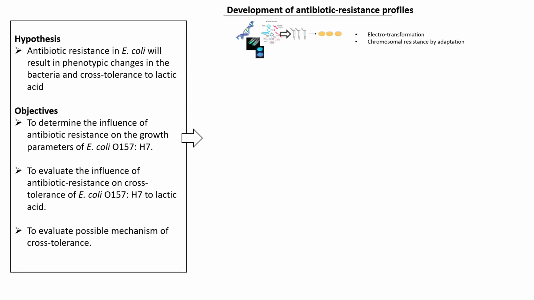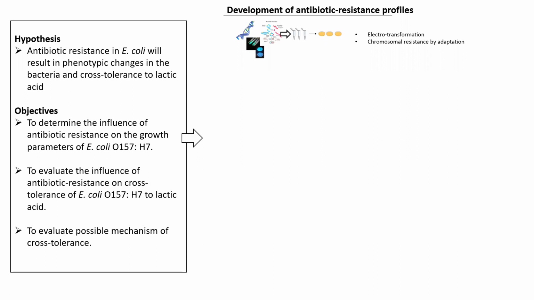And so to do this, we explored certain assays. First, we had to develop resistance in E. coli. So we chose two antibiotics, ampicillin and streptomycin, and used two strategies. One was electrotransformation, where we put a GFP plasmid into the strain.